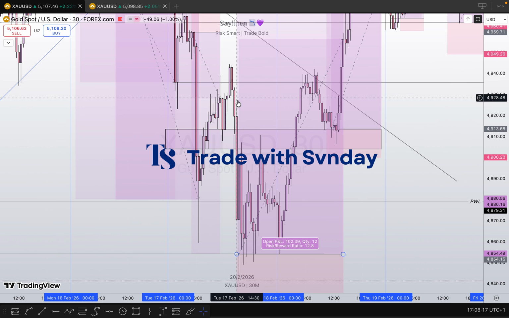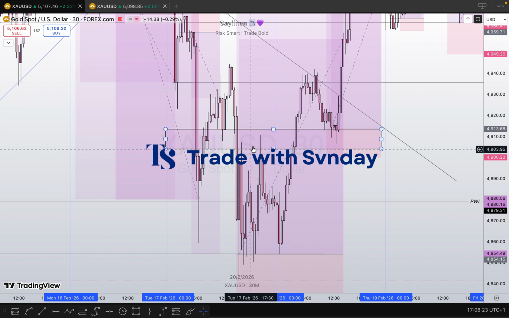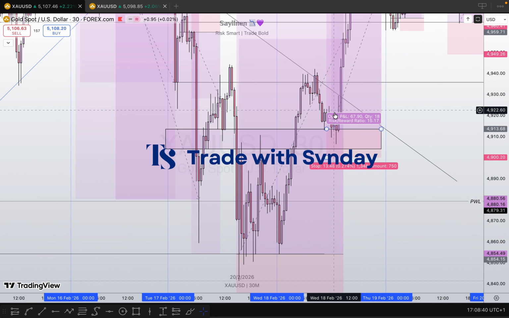So price gave a full body close below that order block that was sitting at this point, and tried to use that to push up higher. But then notice how price, after this fall back into this entry, gave a full body close above that order block, and price reclaimed that level when it held the trend line points here, and it came back into it.